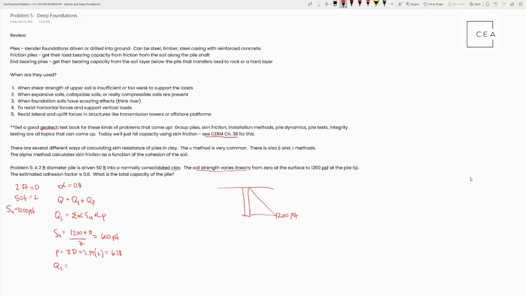QS is equal to 0.8 multiplied by 600 times 50 times 6.28. And that equals 150,720. Or, I'm going to just round it, about 151 kips.